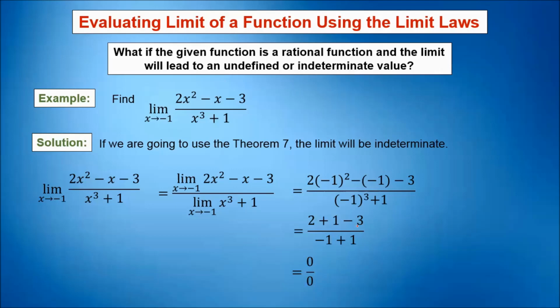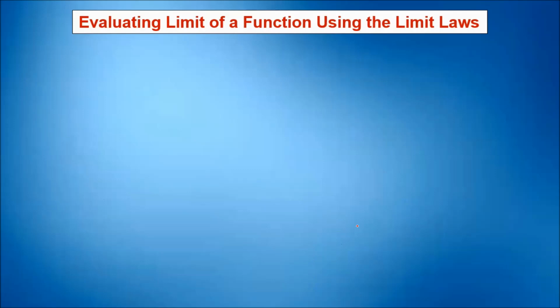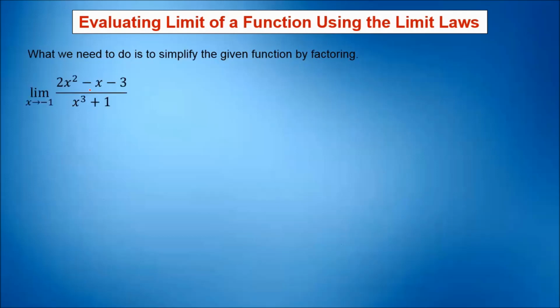In that case, we're going to do an additional method. What we need to do is to simplify the given function by factoring. Our original function is 2x squared minus x minus 3 all over x cubed plus 1. We're going to factor the numerator and the denominator to eliminate the factor in the denominator that will lead to 0.